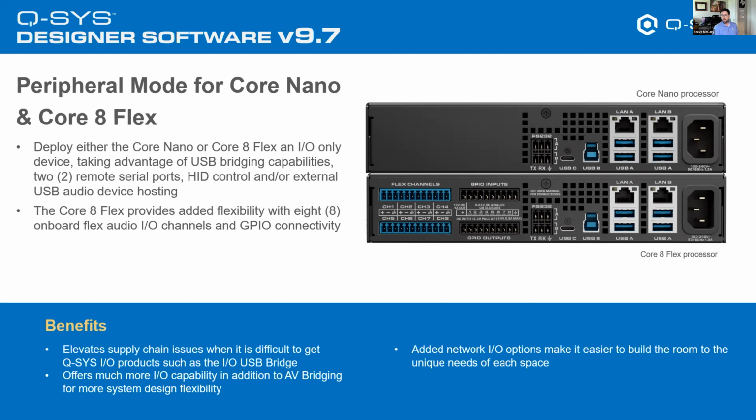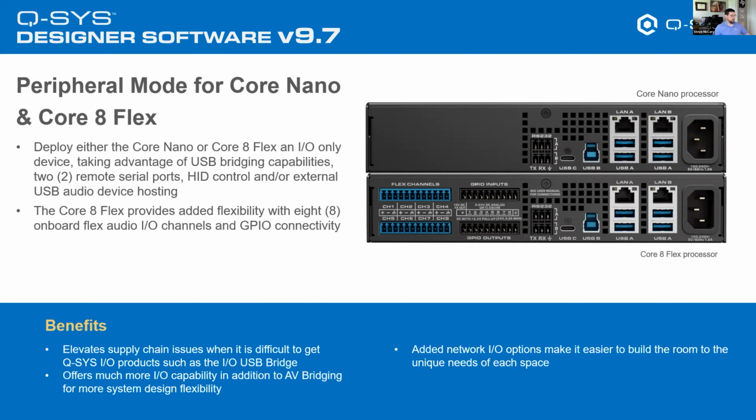When you take a Nano and turn it into a peripheral, you still get both RS-232 ports, you still get the USB bridging features, and then when you go into the 8 Flex, you now get the 8 Flex channels and the GPIO.